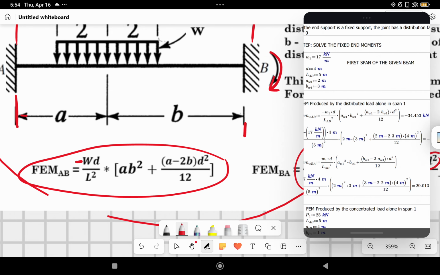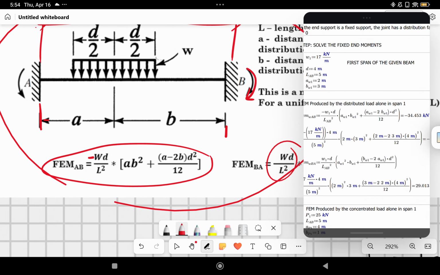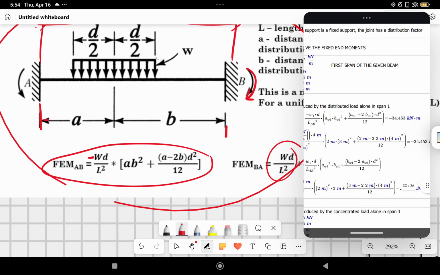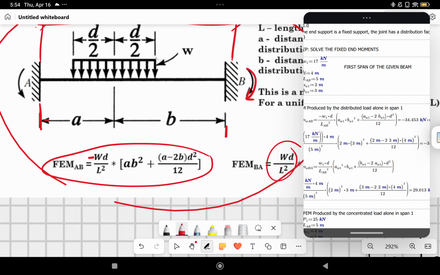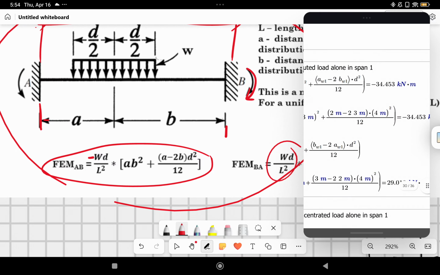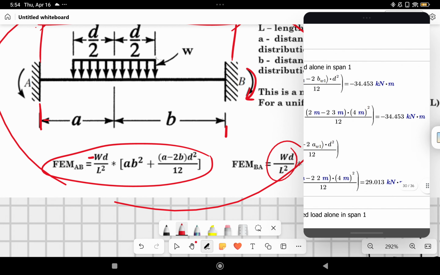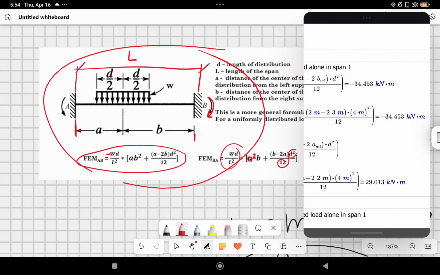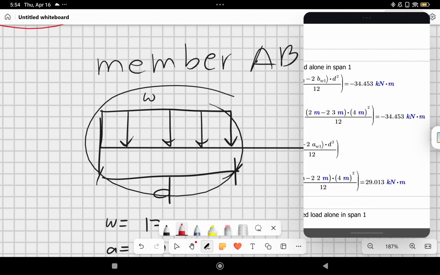And then we just give it a negative sign para indicate na counterclockwise. So, kasubstitute natin may makuha tayong value na negative 34.453 kilonewton meter. But that is from this load pa lang.